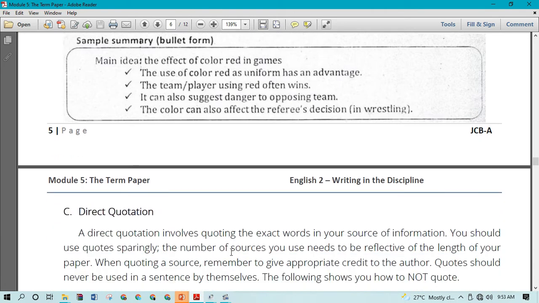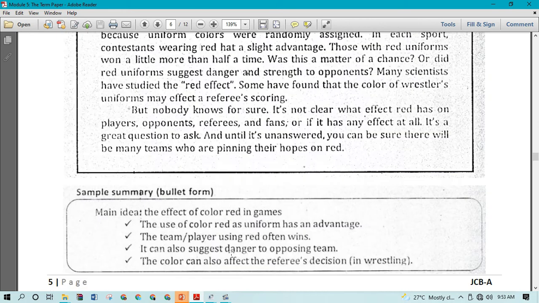Wala siyang sample na in a paragraph form, but you can make this in a paragraph form and you can have already the one-third of the original text.